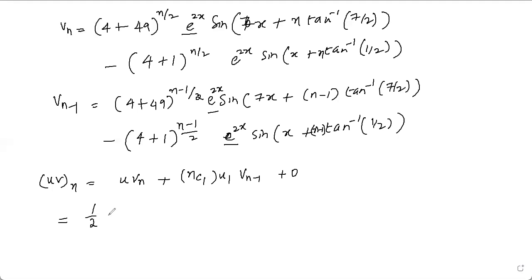So this becomes x into e to the power of 2x, and 49 plus 4 gives 53, 53 to the power of n by 2, sine 7x plus n tan inverse 7 by 2.